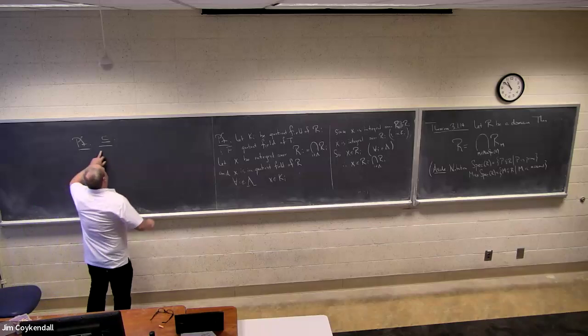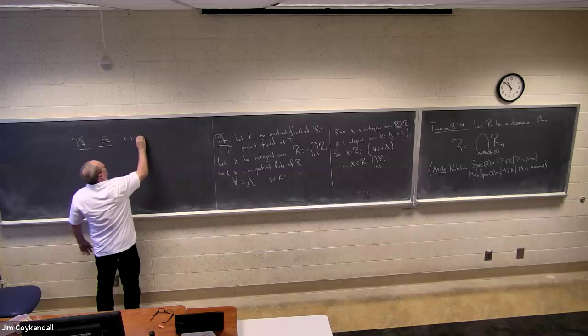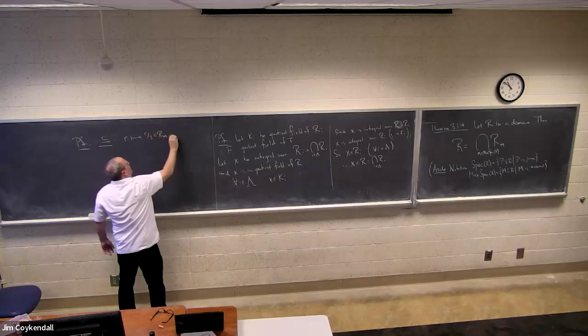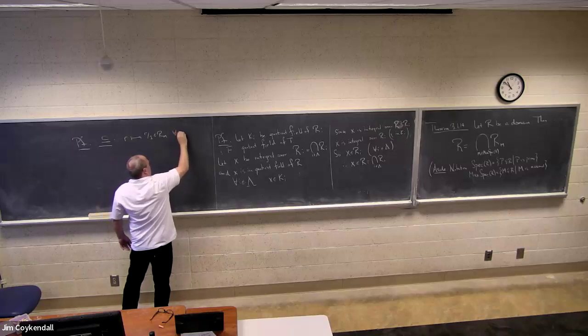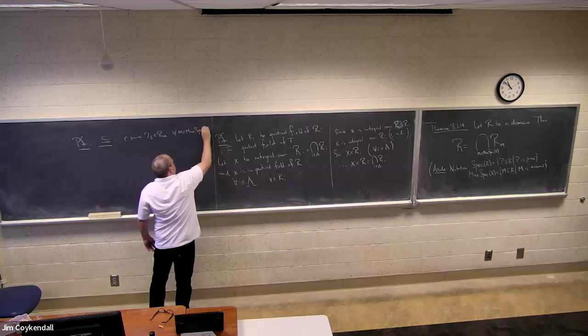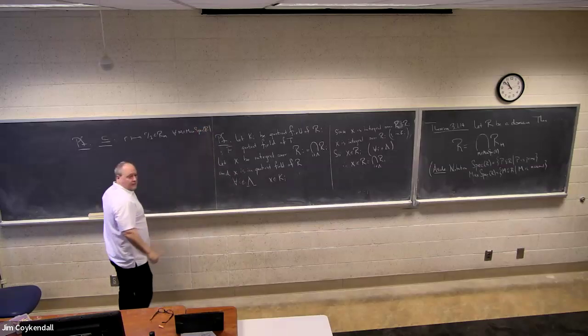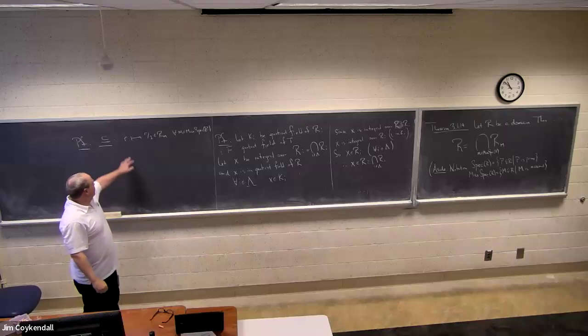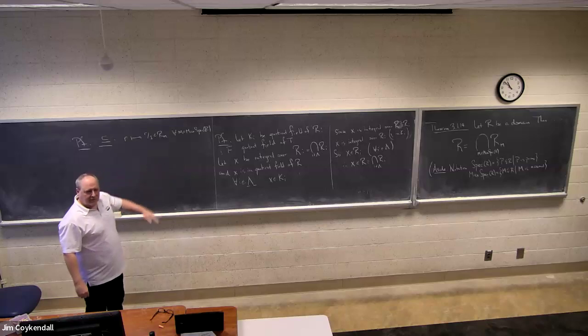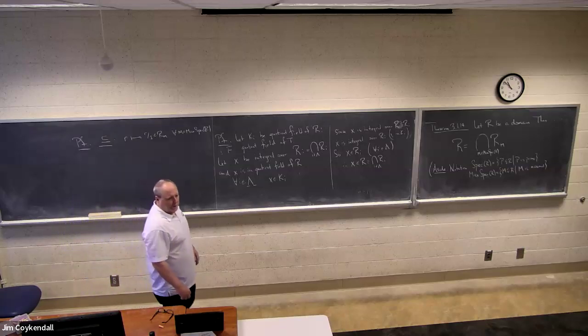Well, what you can do is you can identify R with R over 1, which is in R localized at M for all M. Think of every r as r over 1. This is certainly in every one. So that one's fairly straightforward.